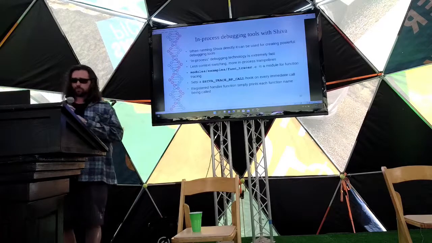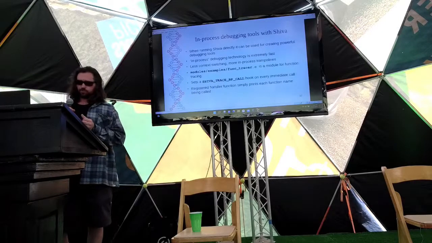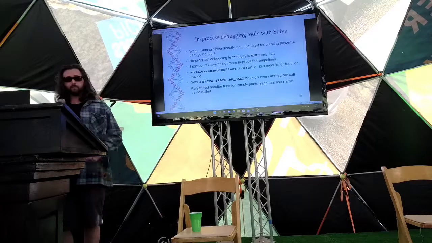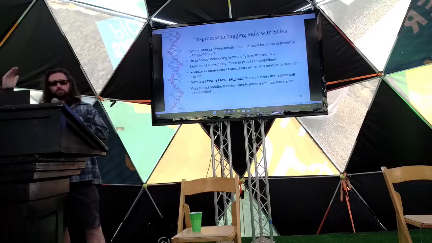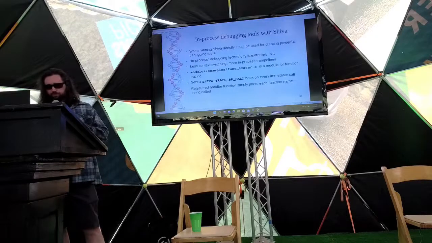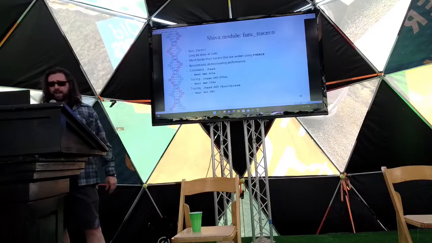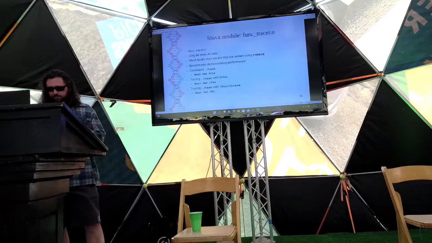And so this function tracer, it's a module. It uses the call hook type breakpoint, where it sets a breakpoint on every single call instruction using this technique, and then invokes a handler function, which will print the tracing information. So it's actually pretty fast. Here's one of the times that I got.